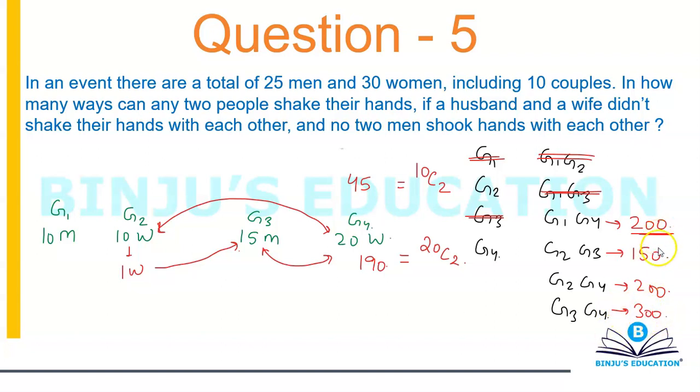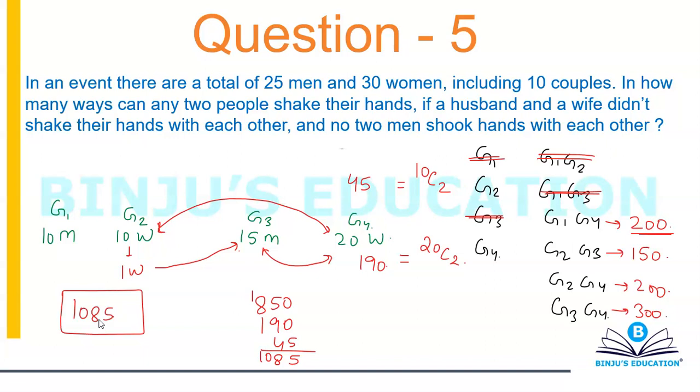So 200, 200 is 400, 700, 700 and 150 is 850, 190 and 45, so 1085. We can have a possible 1085 handshakes.